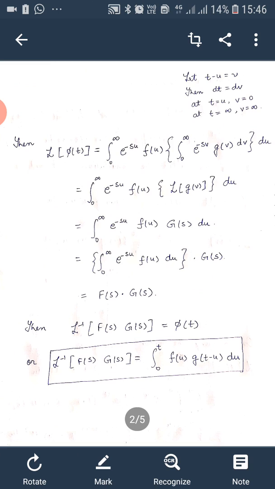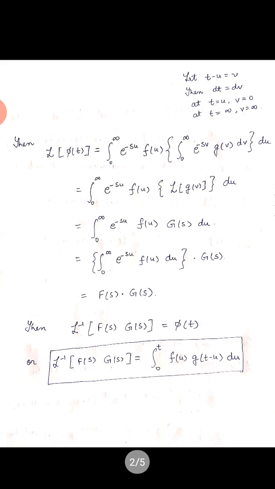Then the last equation becomes: the Laplace transform of this function phi(t) is equal to the integration from 0 to infinity of e raised to the power minus su f(u), and inside this curly bracket I have written the integration from 0 to infinity of e raised to the power minus s nu times g(nu) d nu, and finally we are integrating it with respect to u.